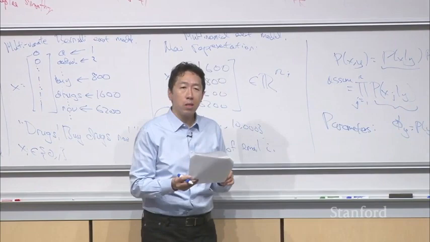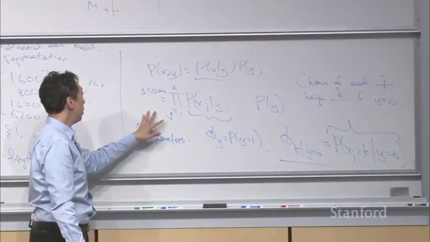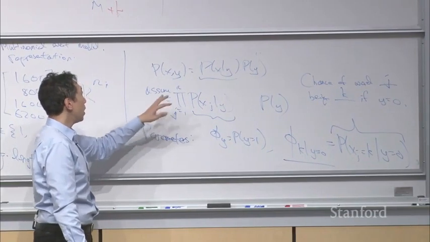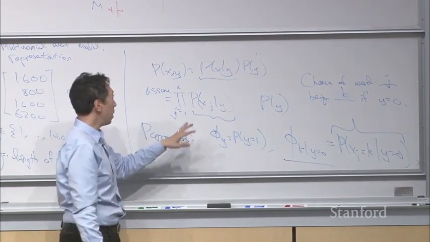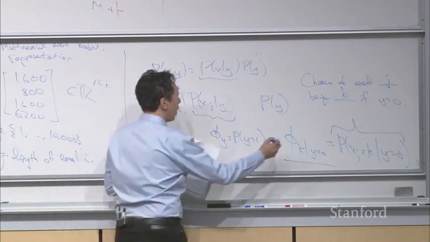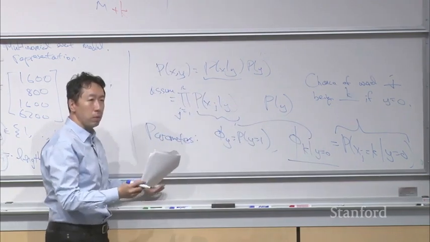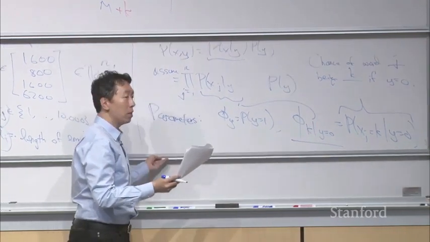And so given a new email, a test email, you would calculate this probability by plugging these parameters that you estimate from data into this formula. Okay.